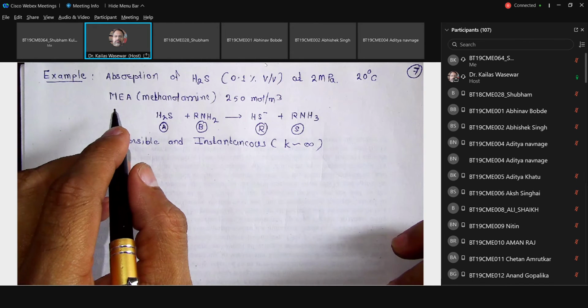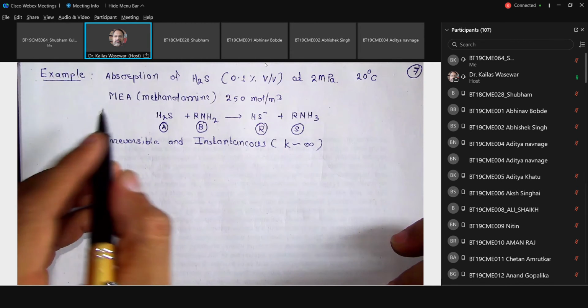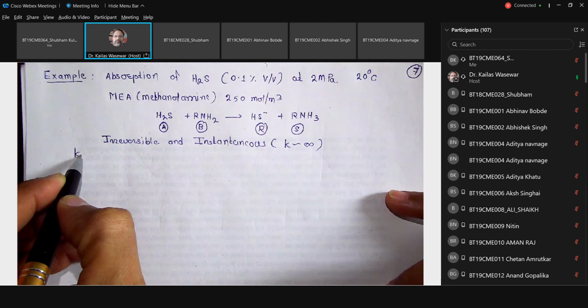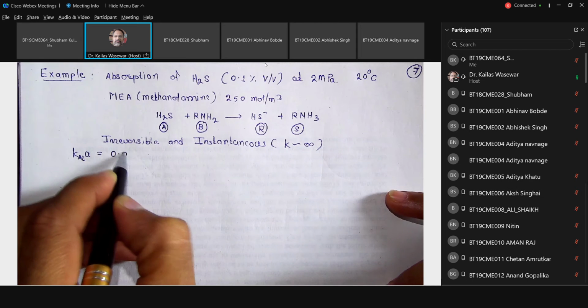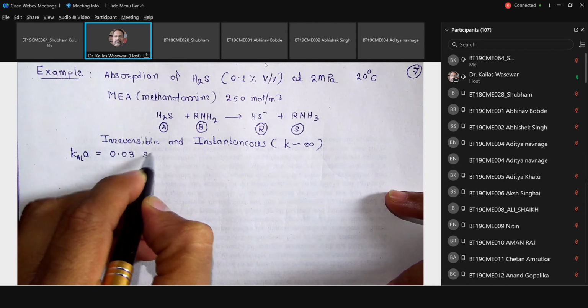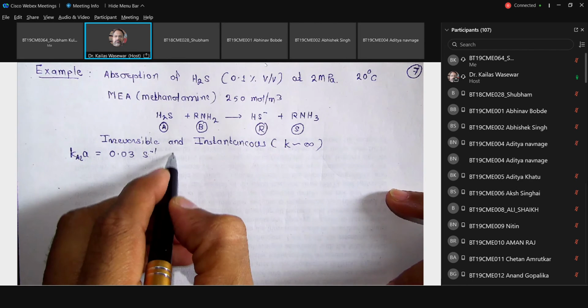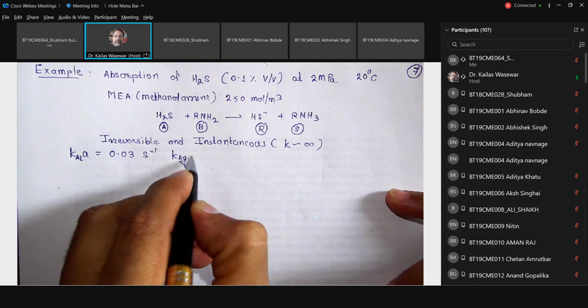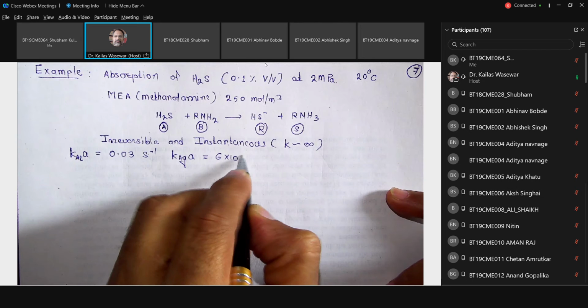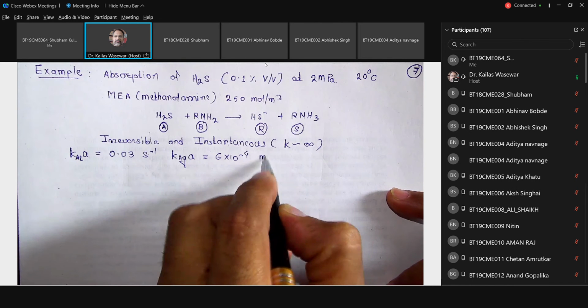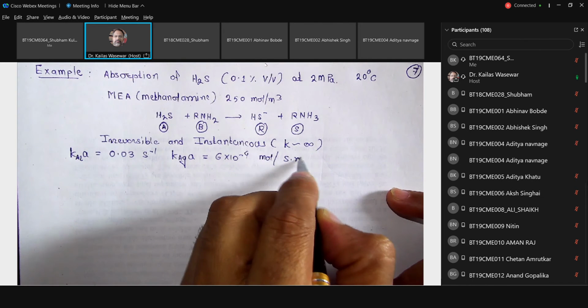Now in this case, other data is also provided like the mass transfer coefficient KALA for liquid film is 0.03. Take care for the all units, remember. And as I told you earlier also, without unit, no marks for any answer. Remember, mole per second meter cube Pascal.